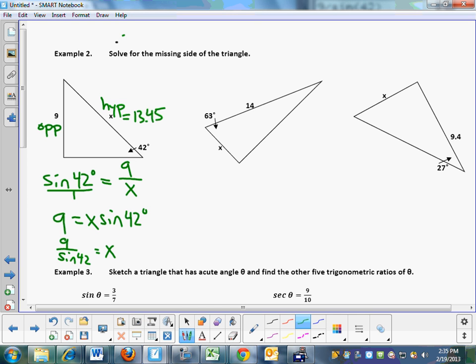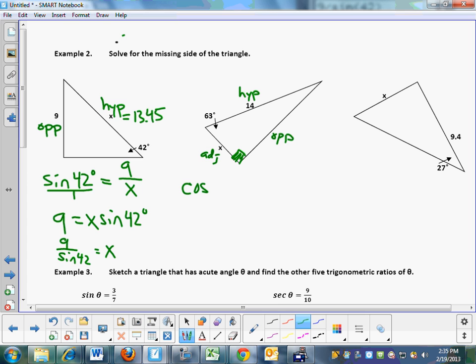Okay, the next one, sine, cosine, or tangent. If this is my 90-degree angle right here, sine, cosine, or tangent. Good. You can see that they don't give you anything for the opposite. The adjacent is what we're trying to find. 14 is the hypotenuse. That's what we're given. So we can set it up.